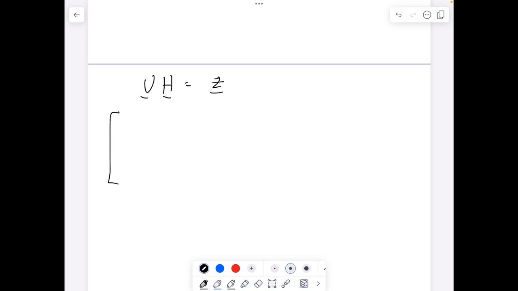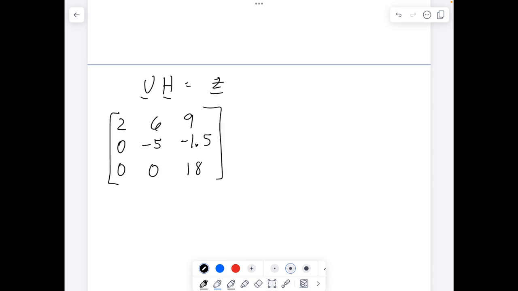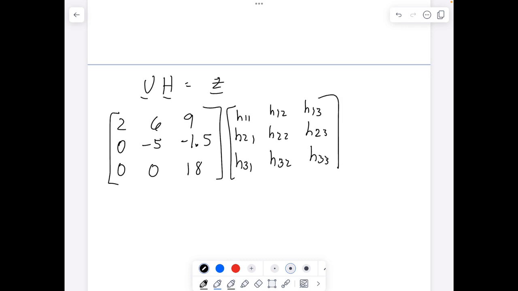So our U matrix was 2, 6, 9, 0, negative 5, negative 1.5, 0, 0, 18, times our H matrix, which is what we want to find. That's our goal for this problem. That has to equal our Z matrix, which I'm just going to copy and paste.